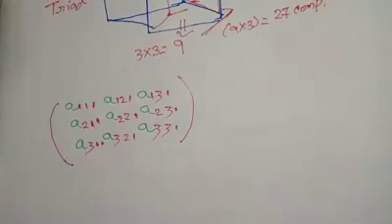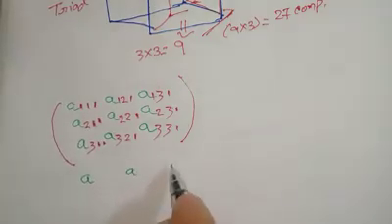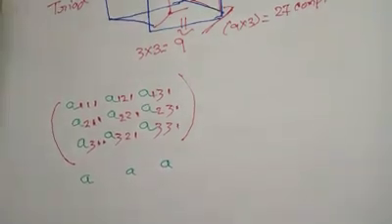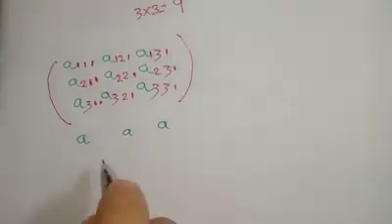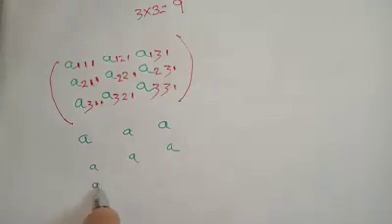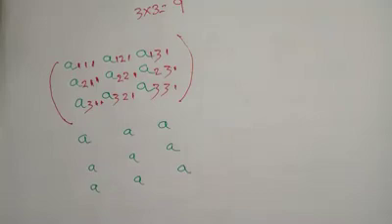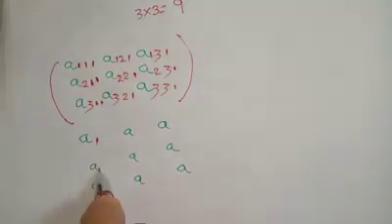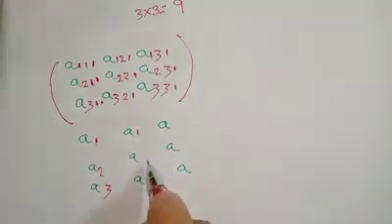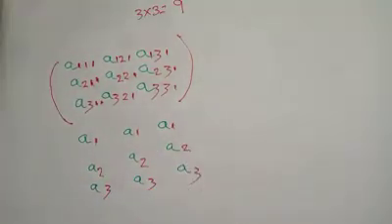So we will follow the same routine, same formula, and we will again use A, and A, further to A, and A, and A. Similarly, as we have learned, we will put down the components as 1, 2, 3, 1, 2, 3, 1, 2, and 3, right?